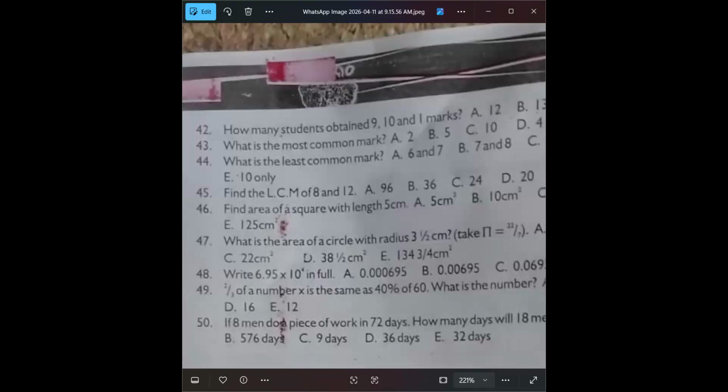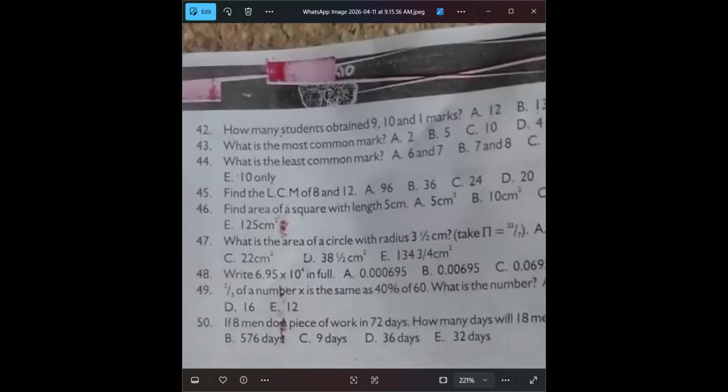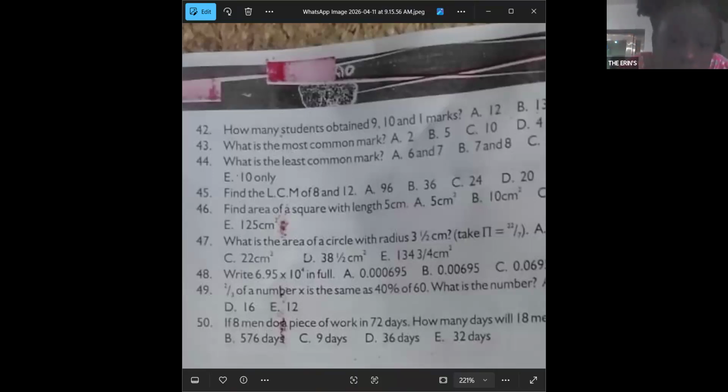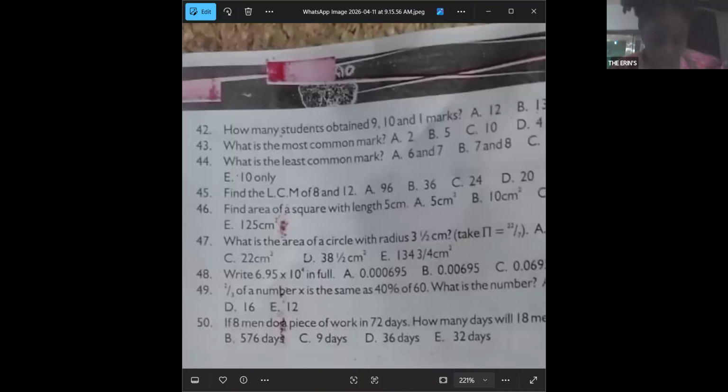Number 46. Find the area of a square with length 5 cm. And you know what I'm going to ask. The answer is very simple.